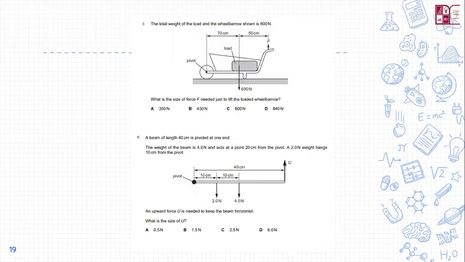Moving on to the next, the total weight of the load on the wheelbarrow shown is 600 newtons. What is the size of force F needed to lift the loaded wheelbarrow?